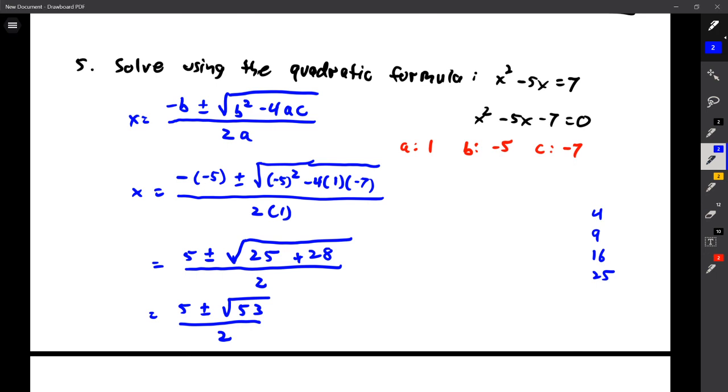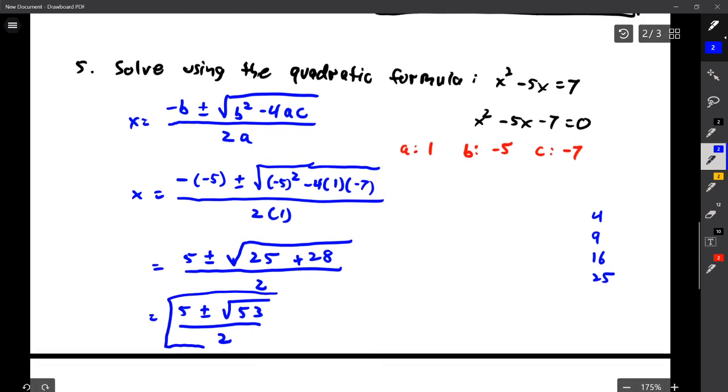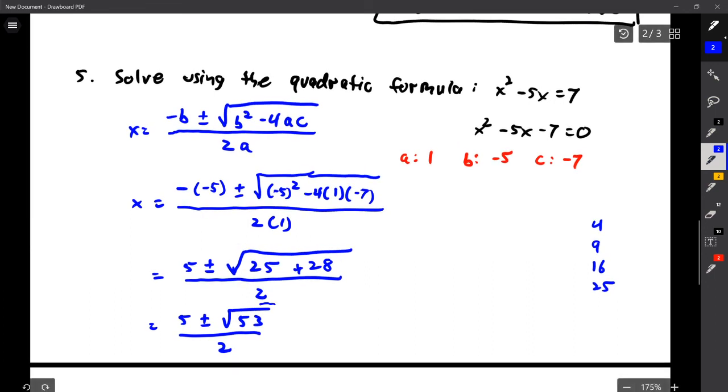Well, because 7 squared is 49, so 53 is just a little bit bigger than 7 squared. So once you've checked a perfect square bigger than 7, and if it doesn't come out, then that's it. So this is the best that we can do with simplifying that. There's no more simplifying that we can do.